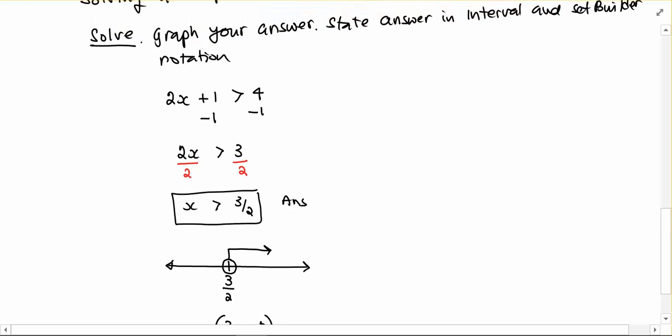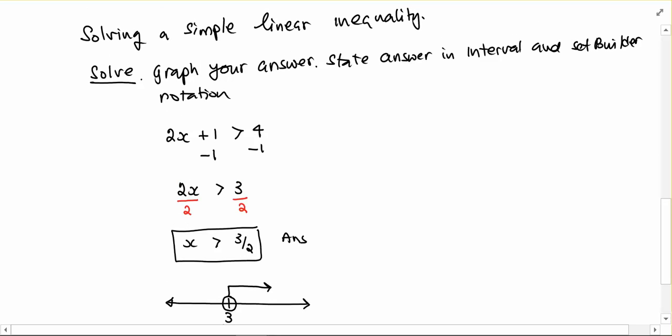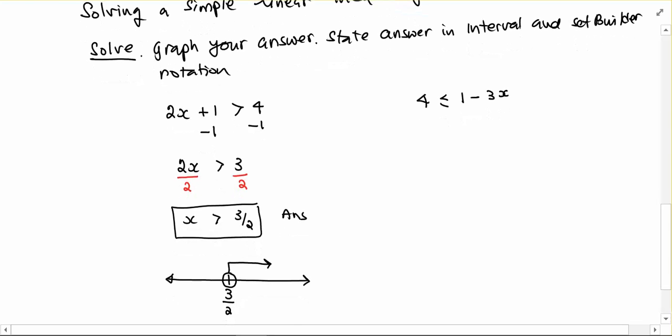Let's do another one. Okay, and let's make this a little harder. So let's say we had 4 less than or equal to 1 minus 3x. So a couple of things I've done there. One is I've put the x on the non-dominant side, in a sense. So we can switch it around, as I said before.